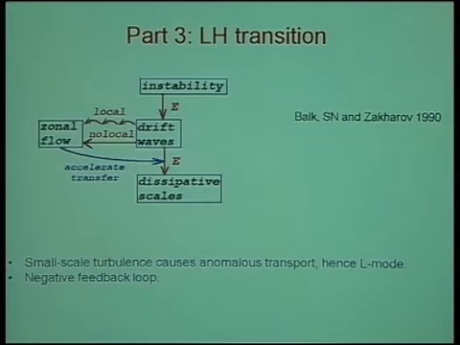Sergey, when you say accelerate transfer, what specifically are you thinking of here? Yes, I will explain in a second. What I mean is that this shearing by zonal flows takes you in Fourier space faster from the instability region to the dissipation region, right? The wave number is increasing, and you're just transported there in Fourier space.